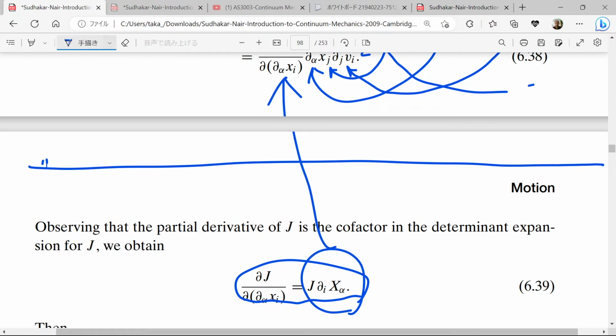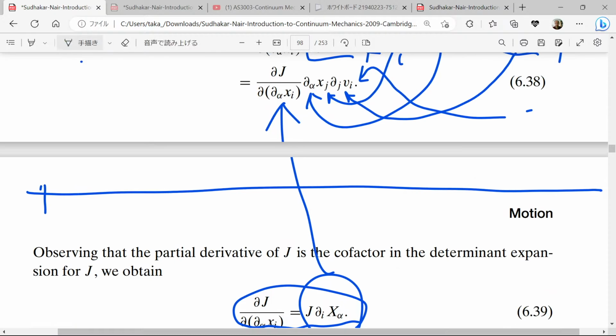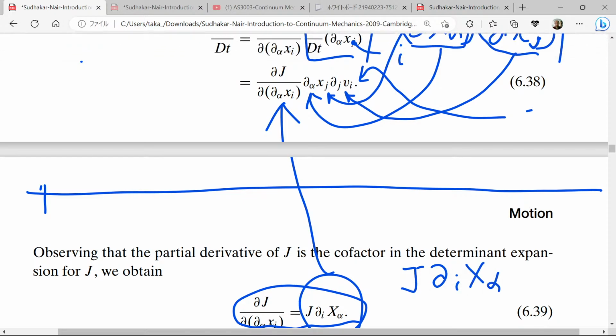So that means we have j, partial i x alpha, partial alpha xj, partial j vi.